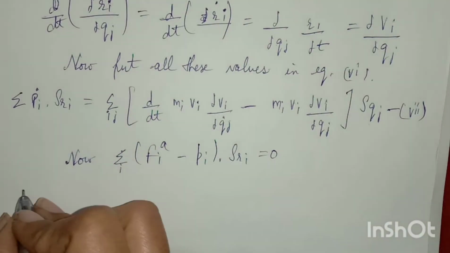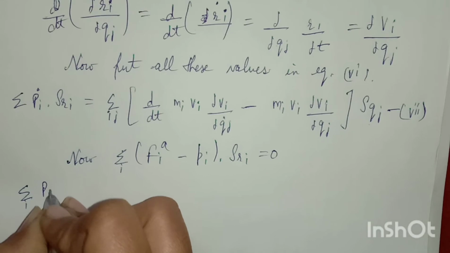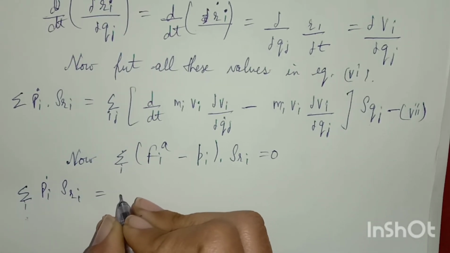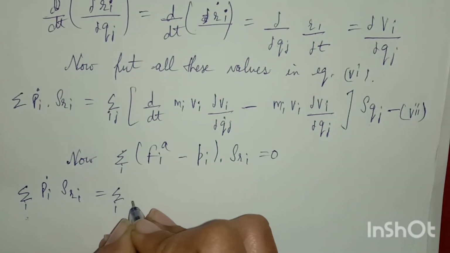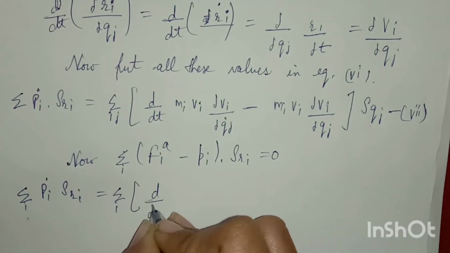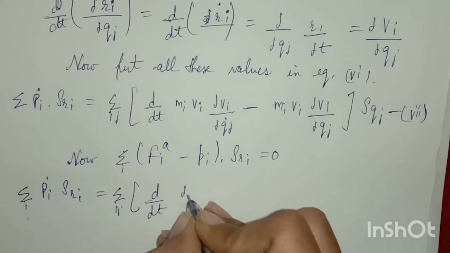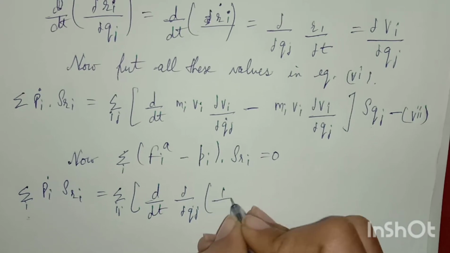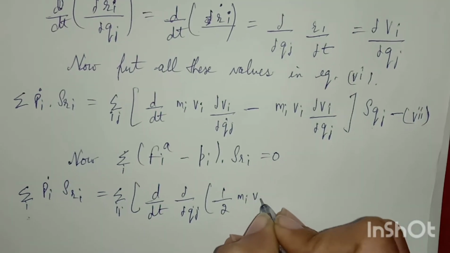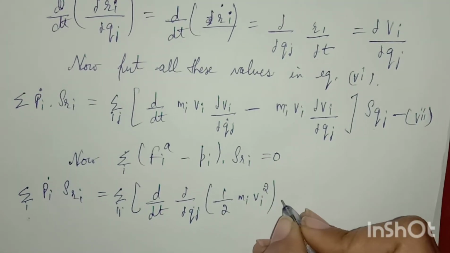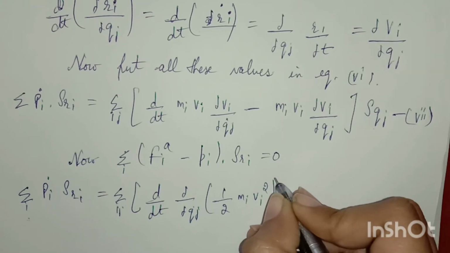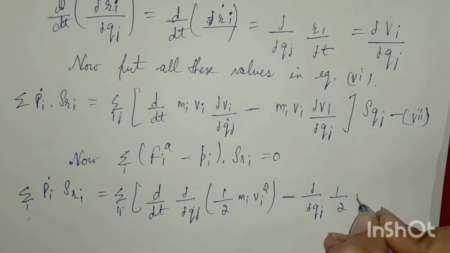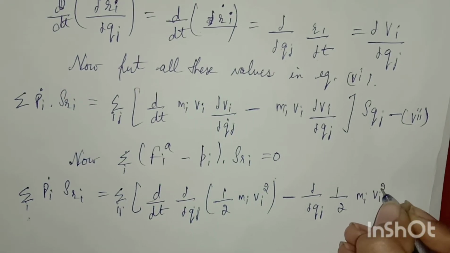Now we can write the summation over i of ṗ_i · δr_i, because we have to find the kinetic energy. So we can write the summation over i, j of d/dt ∂/∂q̇_j (½ m_i V_i²) minus ∂/∂q_j (½ m_i V_i²).